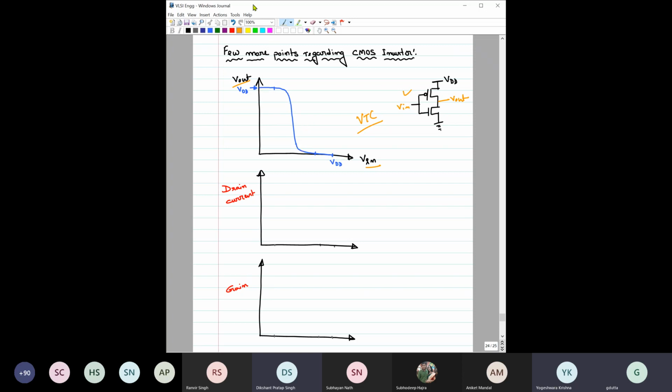Here we have noticed a couple of things. For example, this is 0 voltage, this is threshold voltage for NMOS, and this is VDD minus threshold voltage of PMOS, and this is VDD. This point is the switching threshold, or VT.